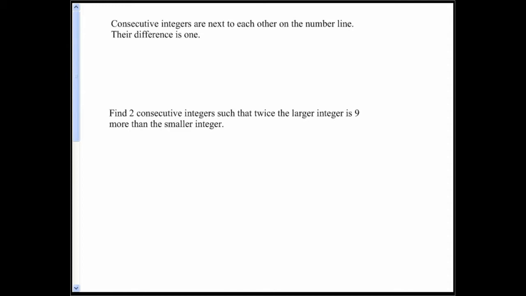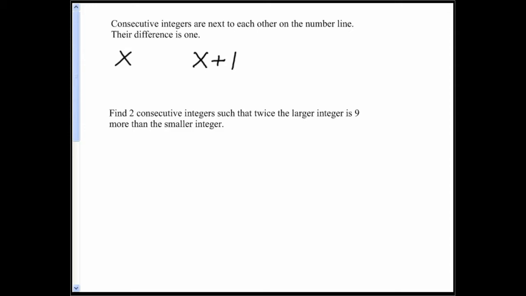So, to represent these consecutive integers, we could say that x could be the first integer. The next consecutive integer, or the integer next to it on the number line, is just one space away, so that would be represented by x plus 1.